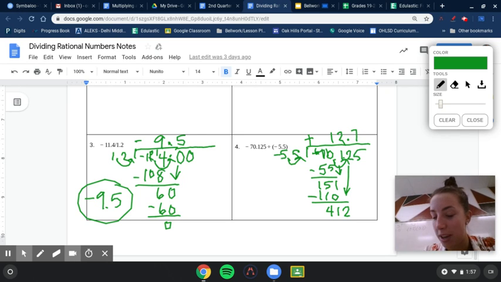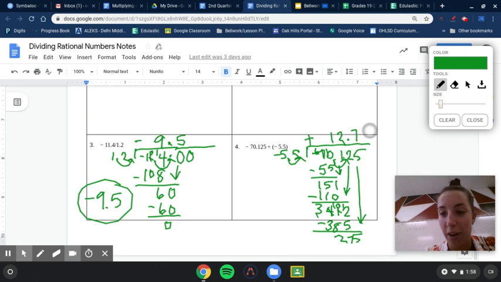I'm a genius. And then that equals 385. When I subtract that, I have to borrow. So when I borrow, I get 27 left. And I bring down my last number, which is 5. And it can actually go into that 5 times. Exactly. So my final answer is 12.75.